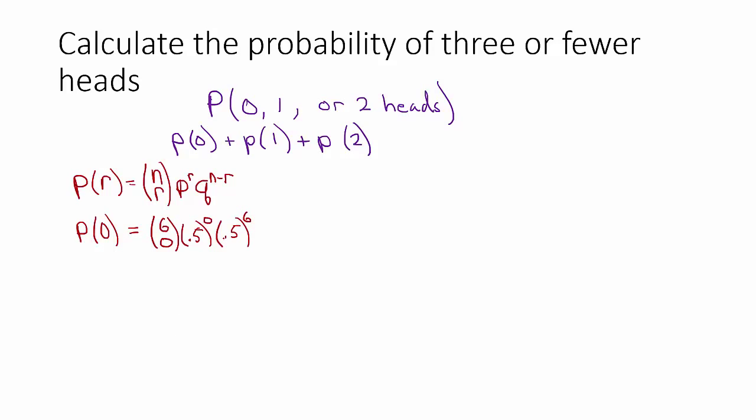Now, we know that anything raised to the 0 power is equal to 1. And if you have 6 objects and you choose 0 of them, that also becomes 1. So we end up with 1 times 1 times a half raised to the 6th power. So we get to see that this probability is about 1.5%.